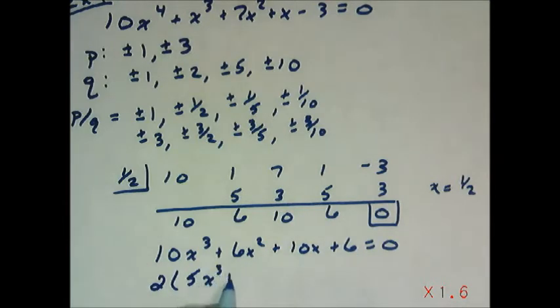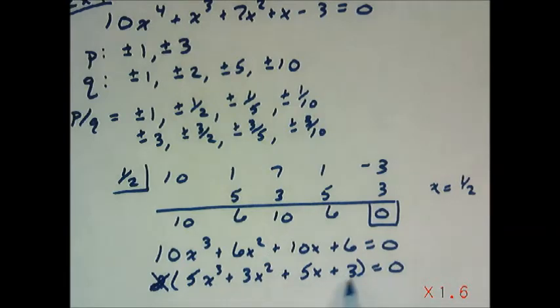And what this is going to do is reduce the number of factors that I can possibly have for my solutions. So now I'm looking at 5x to the 3rd plus 3x squared plus 5x plus 3 equal to 0. Remember, there's not a variable with that 2 out there. We can simply divide it over, and 0 divided by anything is 0. So we really are just getting rid of that constant term.